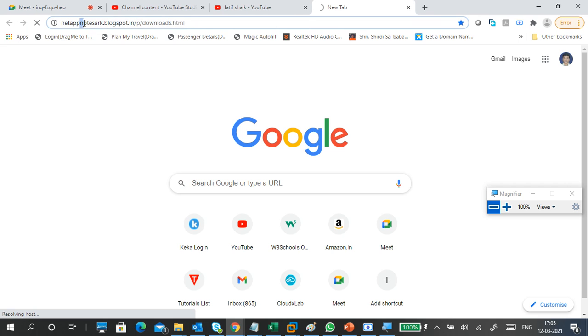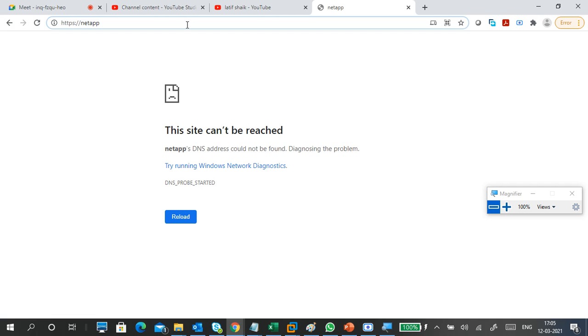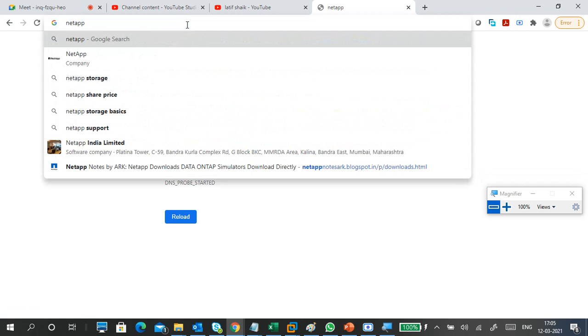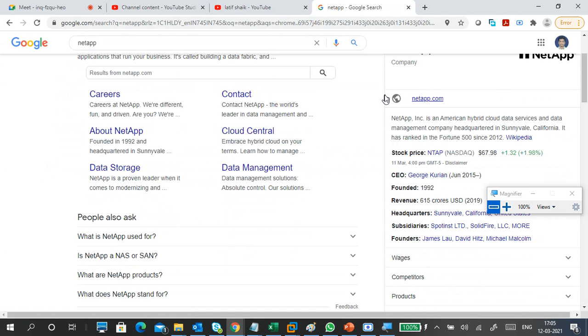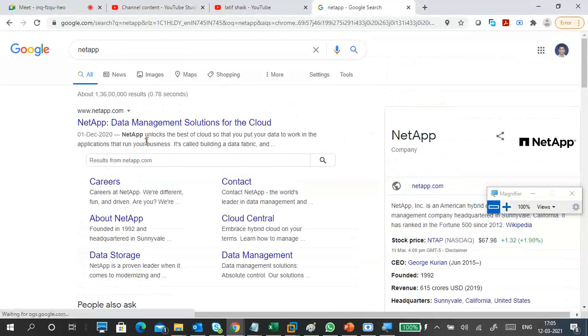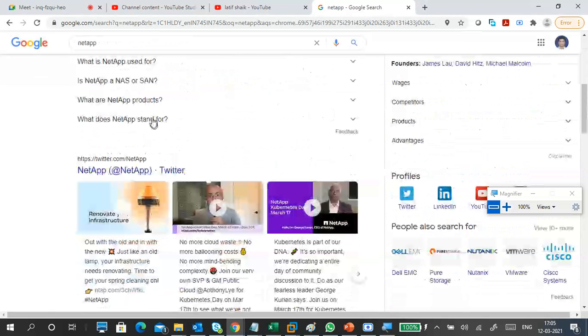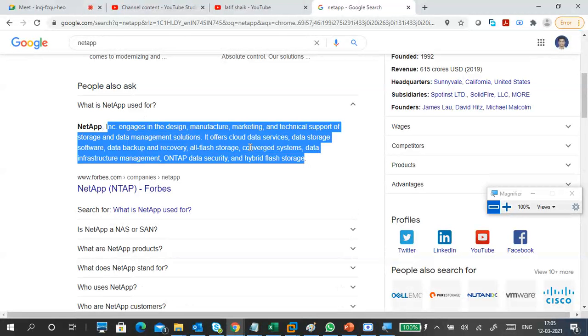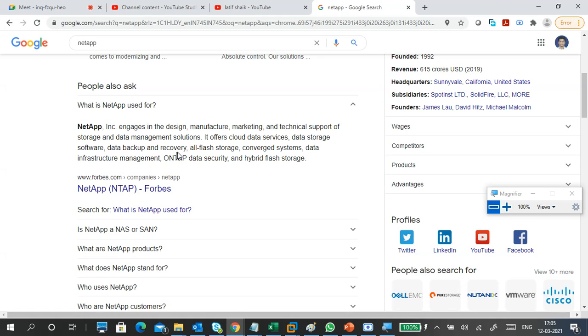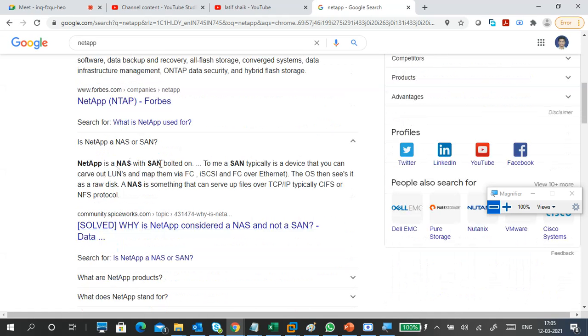NetApp is one of the highlighted tools. If you have free time, not now, you can try to learn this one. It manages all data-related work.